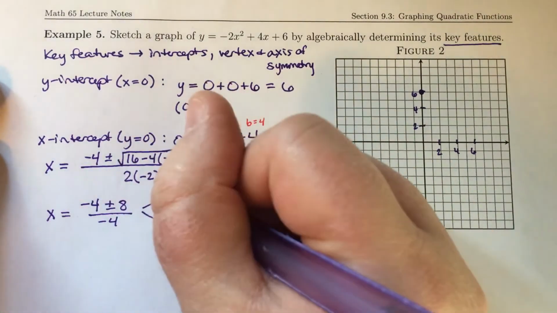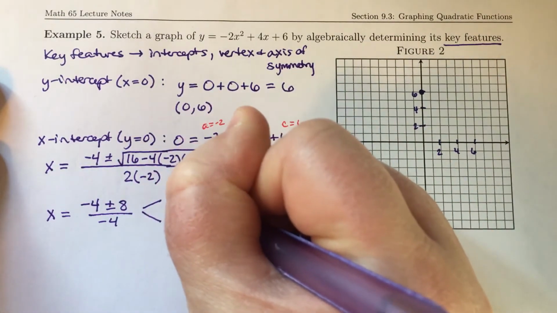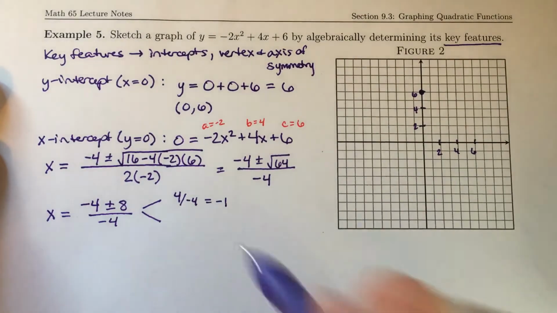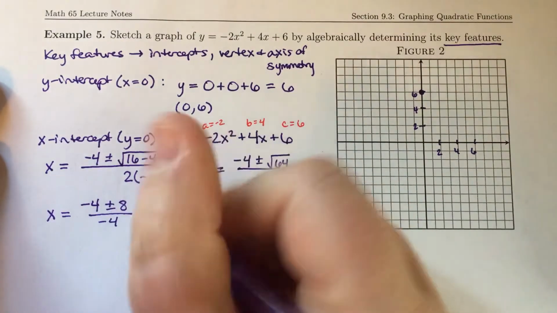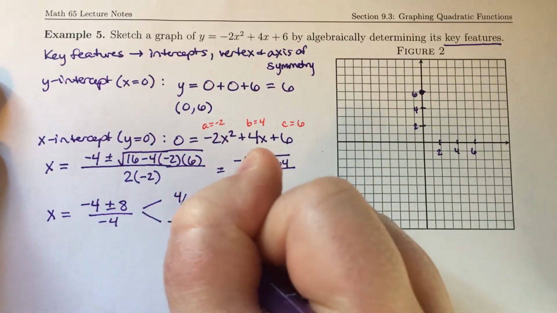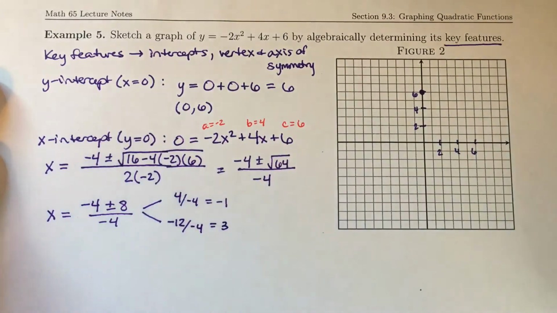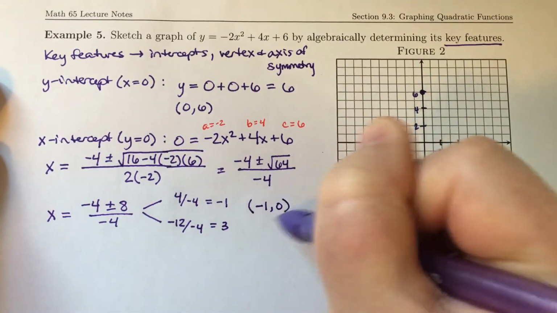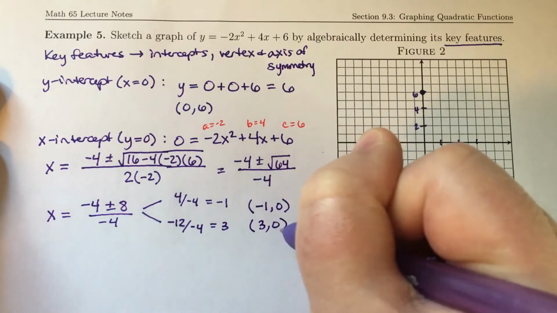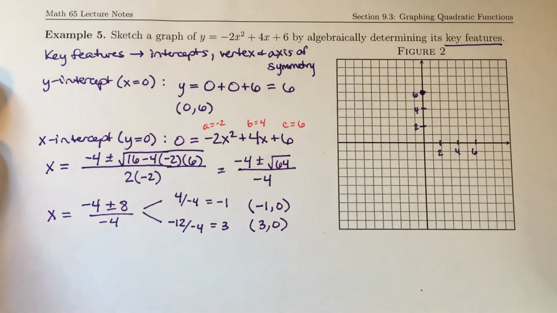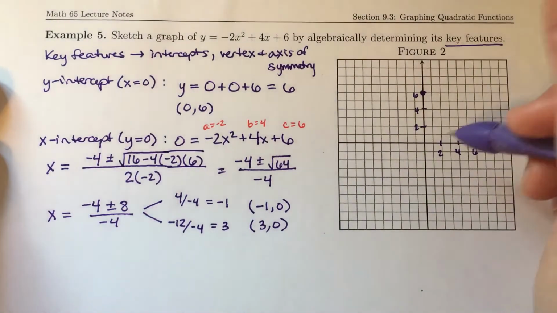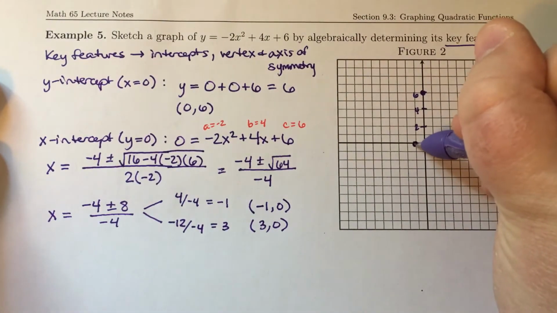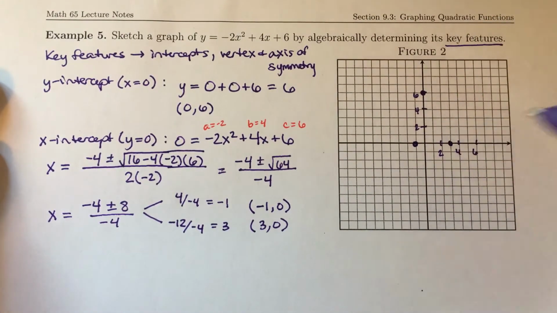Negative 4 plus 8 would be 4 over negative 4, which is negative 1. Negative 4 minus 8 is negative 12 over negative 4, which is positive 3. So our x-intercepts are the points (-1, 0) and (3, 0). I'm going to go ahead and plot those right now so I don't forget.